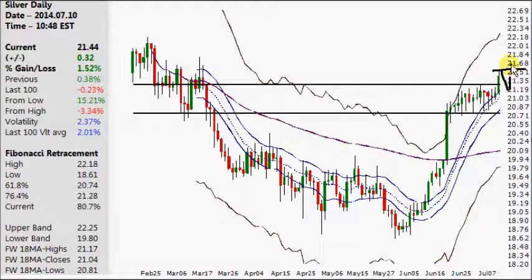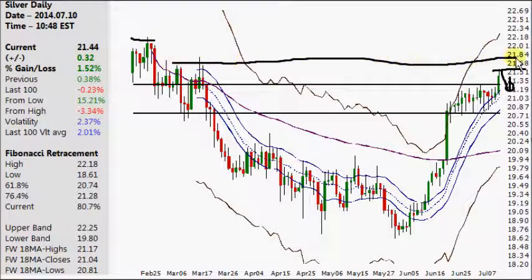At that stage, I'd say that's the key support area we're looking for. It's rallied from that point, and there's even more reason to state that the move is to the next two key levels, roughly around 21.75, this previous high, and then of course the 2014 high of 22.18 would be the next significant resistance level.